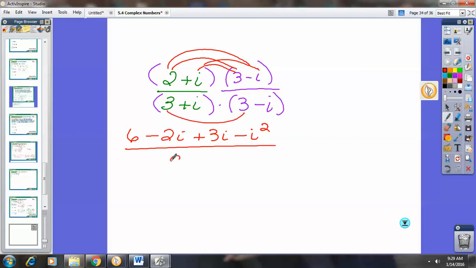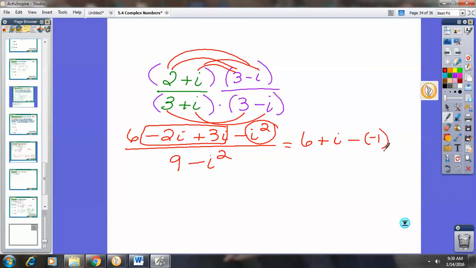3 times 3 is 9. I times negative I is negative I squared. Clean up the numerator a little bit. We have 6. I'm going to go ahead and combine these terms here. Negative 2i plus 3i, positive 1i, or I. Minus, I can also replace I squared with negative 1.